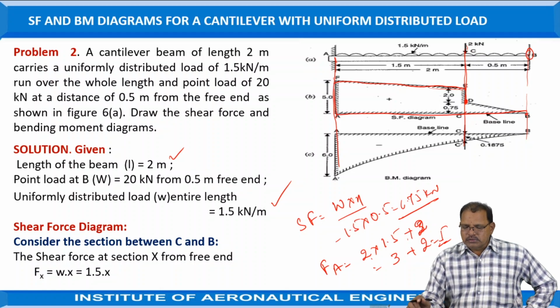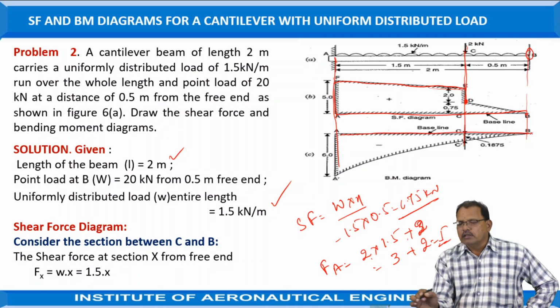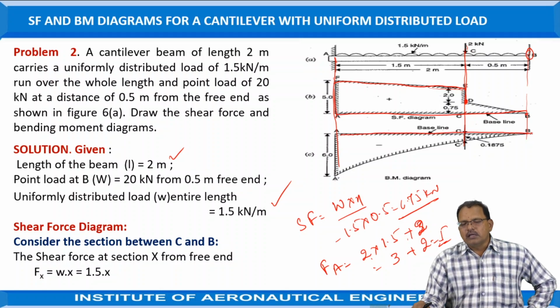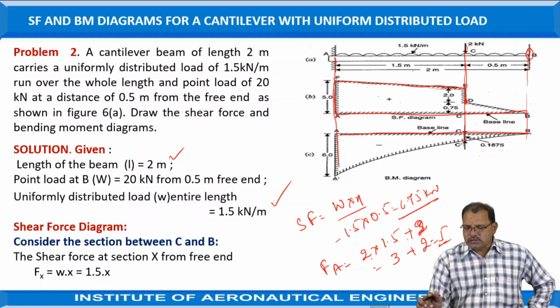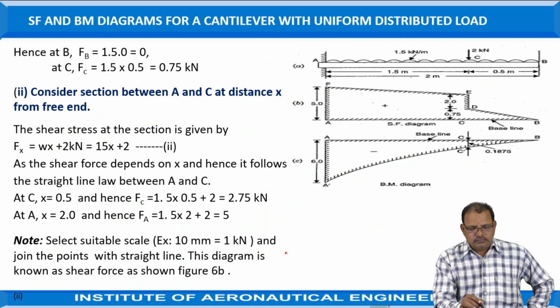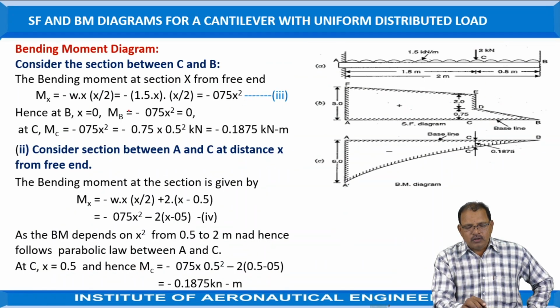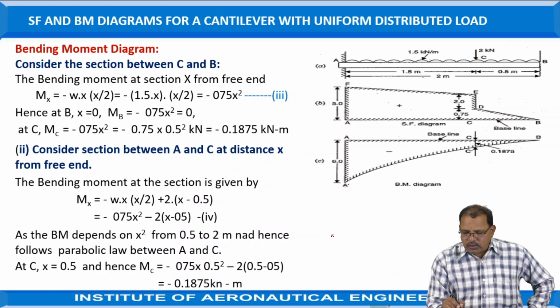For the bending moment diagram, since it is negative, first of all draw the length of the beam AB as the x axis. At B it is 0. At C, the bending moment is equal to W into x, the total load, acting at a distance of x by 2.